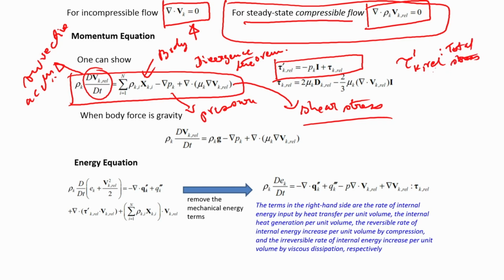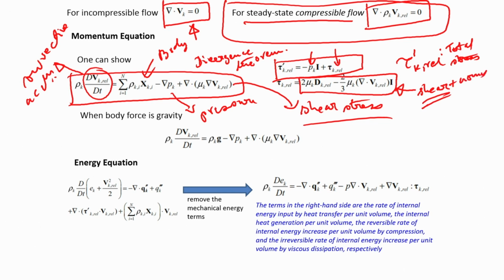So, this total stress is nothing but a combination of the pressure, that is an identity, and the corresponding shear stress component. So, the shear stress component is given by this expression. Okay. So, you can show this is nothing but the shear and the normal stresses, and this is the pressure.